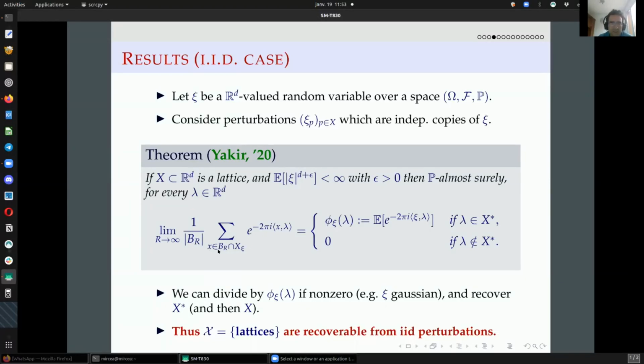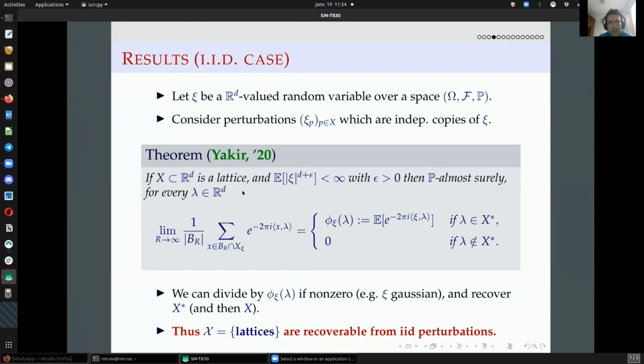I take every point in a ball intersected with xi, e to the minus 2 pi i, the inner product between x and the vector lambda, and then I'm averaging and taking r to infinity. So this is an averaged version of the Fourier transform of my perturbed set.